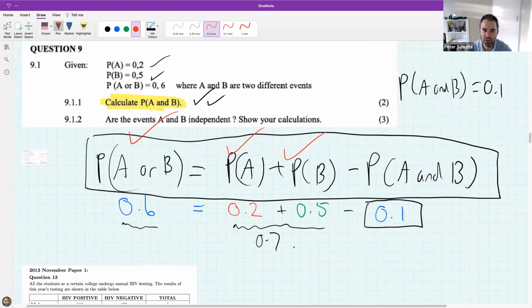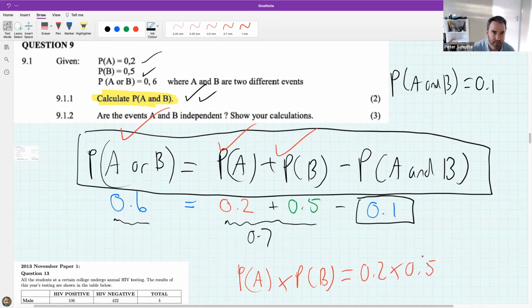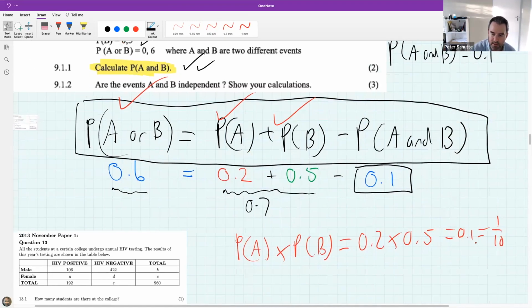Now, in order to check if they're independent, I'm going to go P of A times P of B, which is going to be 0.2 times 0.5. So let's do what I get for that. And that gives me 0.1 or 1 in 10. And then I ask myself, what is the probability of A and B?